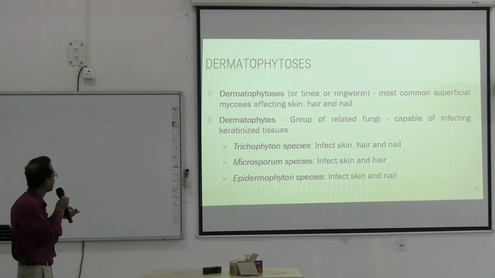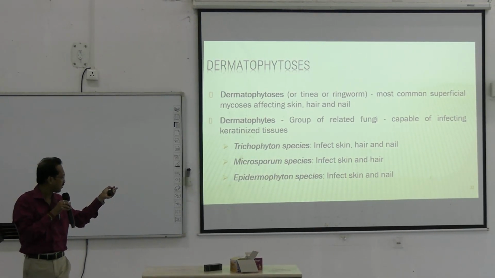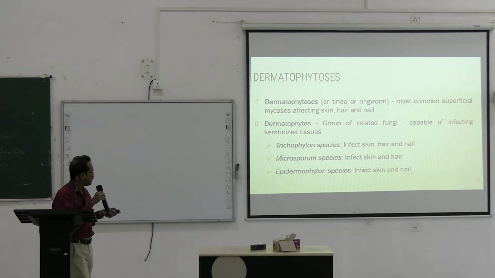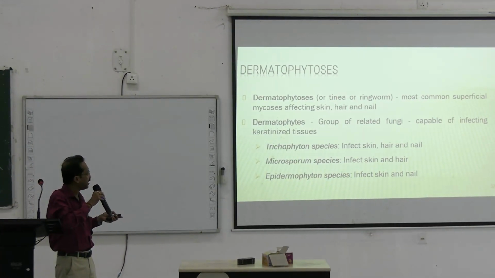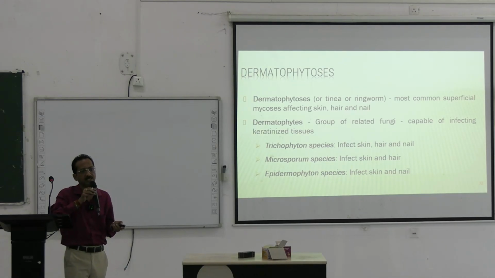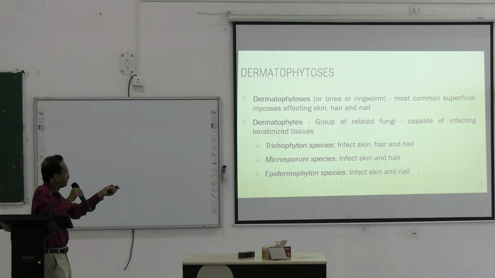Now dermatophytes. Dermatophytes have 3 genera: Trichophyton, Microsporum and Epidermophyton. When it is in the skin, it is Tinea corporis. Trichophyton can infect all 3: skin, hair and nail. Microsporum, M not for N, means Microsporum usually does not involve nail, and Epidermophyton does not involve hair.